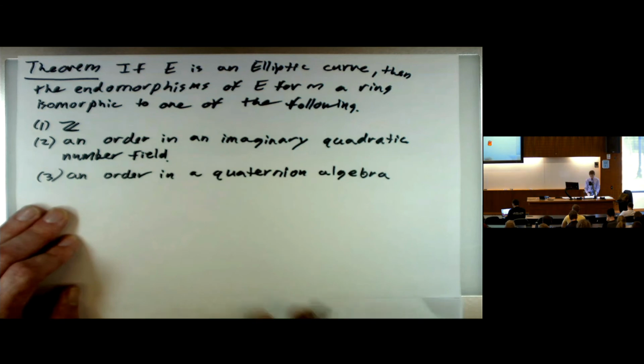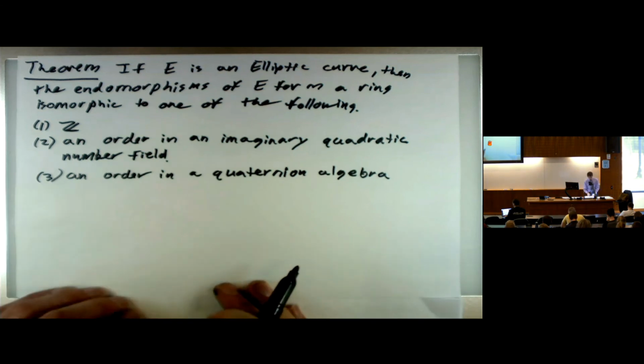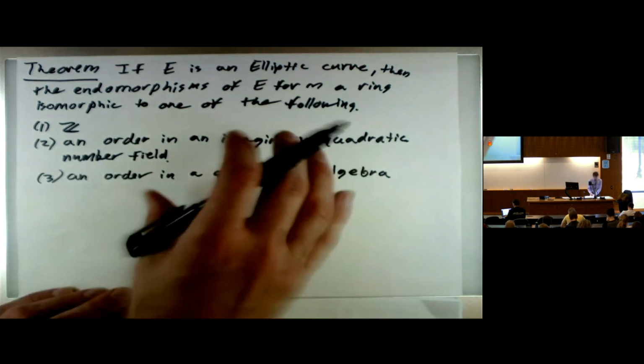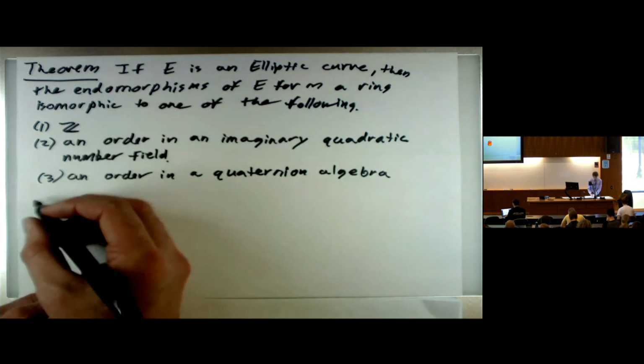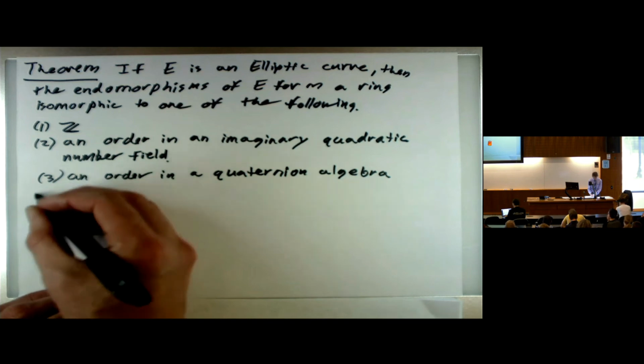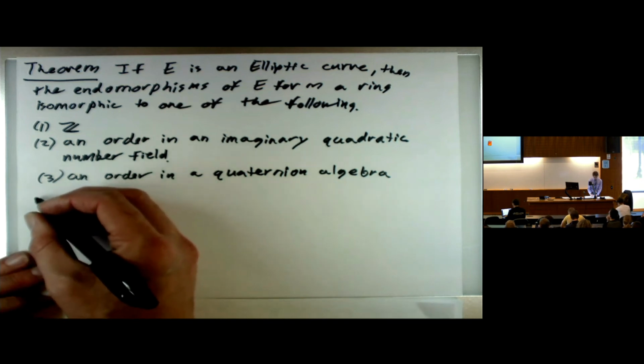We'll discuss what each of these mean for curves over finite fields shortly, but let's continue with their names.